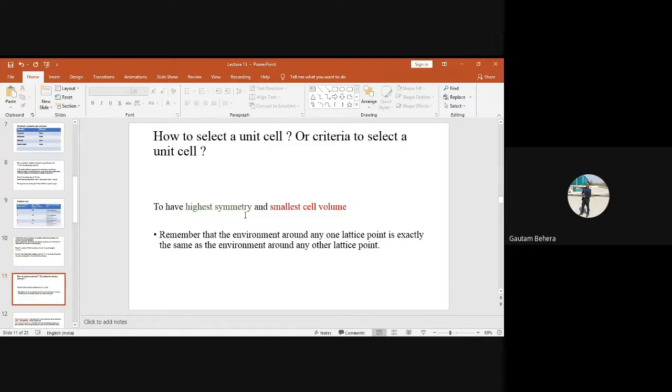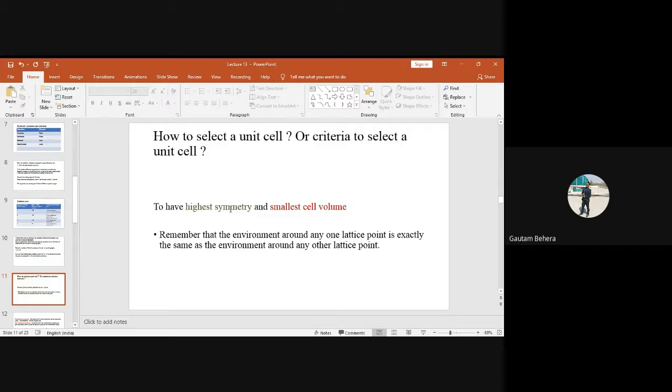So you have to choose the unit cell which will show the highest symmetry, and the smallest cell volume. But you have to remember, this is not always true. Suppose you choose 2 unit cells, one showing the smallest cell volume, and the other showing somewhat higher cell volume, but the unit cell with higher cell volume may have the highest symmetry.